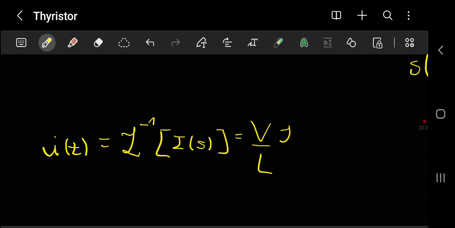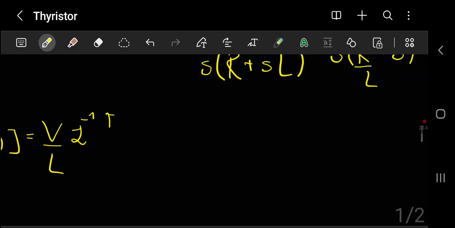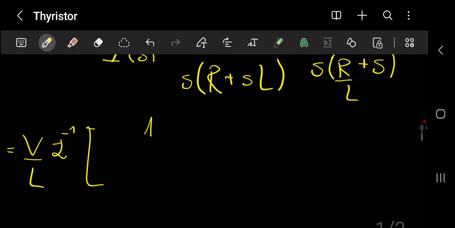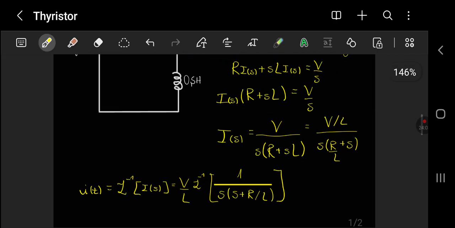V over L, one over the denominator. Okay.